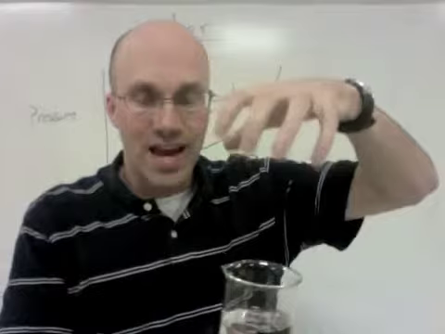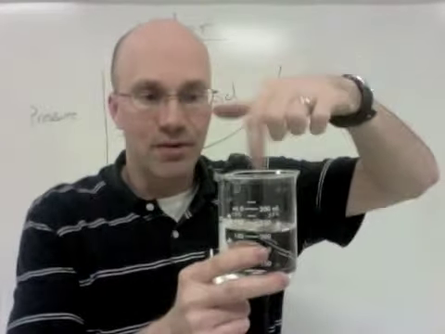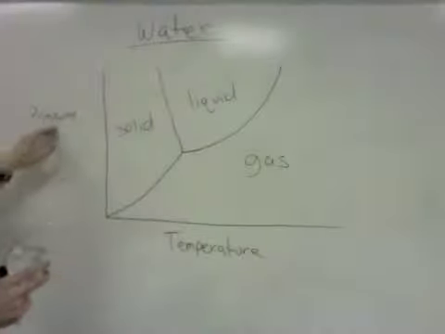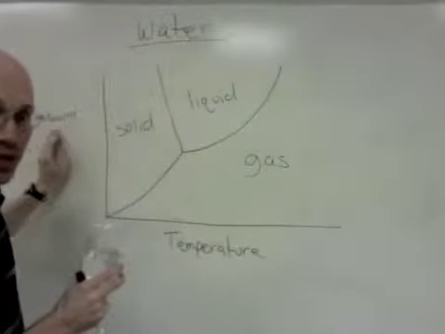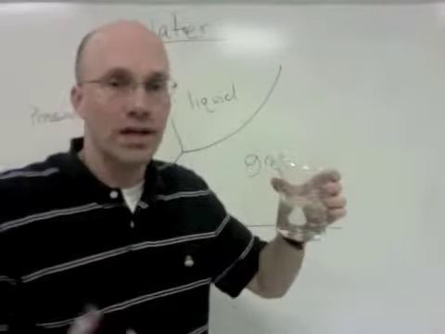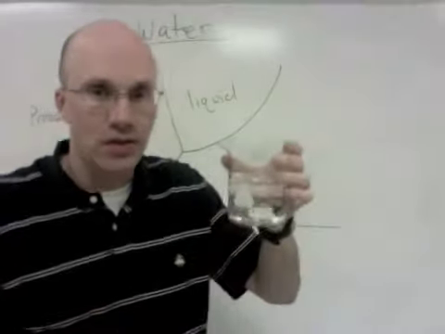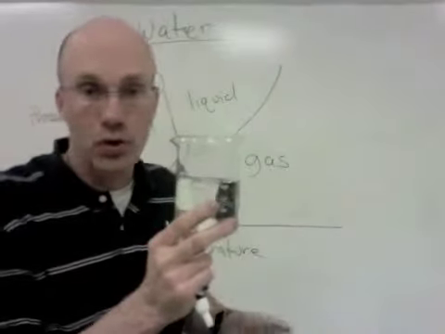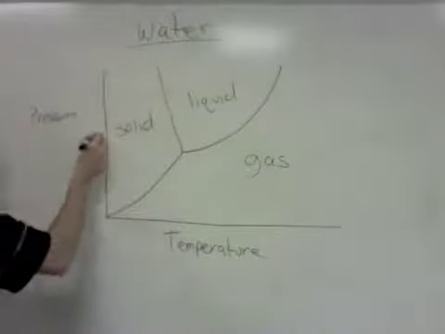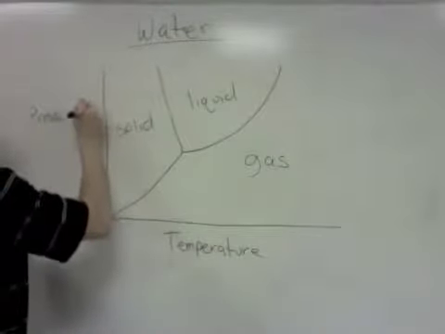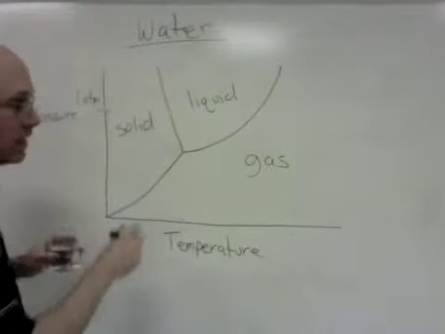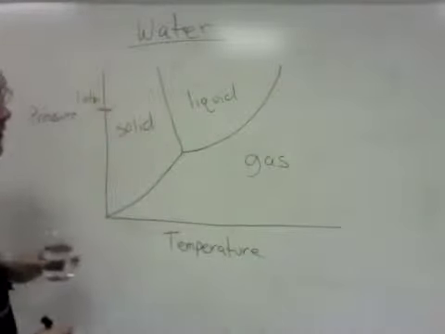There is air pressure on top of this beaker pushing down on it, and that is what is meant by this right here. So how much pressure is pushing down on this? Well, right now, since we're not doing anything to this container, you could assume that it's normal atmospheric pressure, which we generally consider to be about 1 atm, or 1 atmosphere. And that's what we're going to represent by that little line right there.